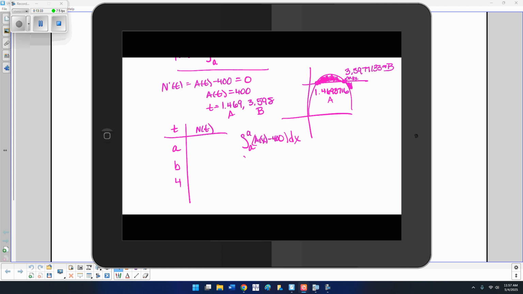The next one would have the integral from A to B, and the next one would have the integral from A to 4. So those numbers are 0 for this one, of course, 71.254, and some more change after that, and 62.338.